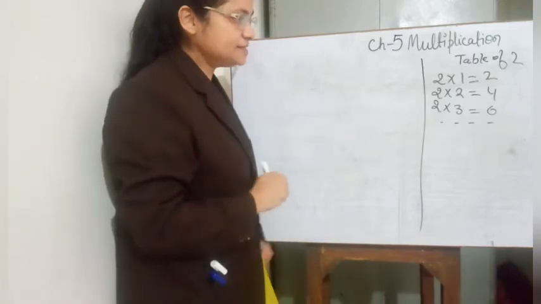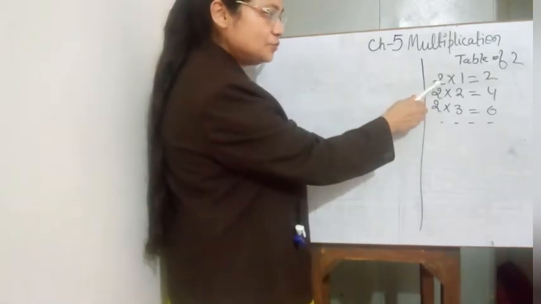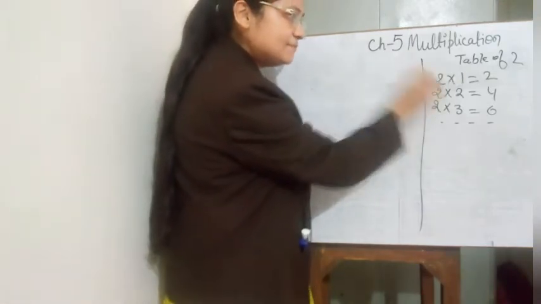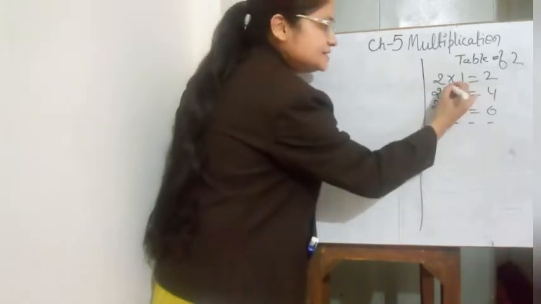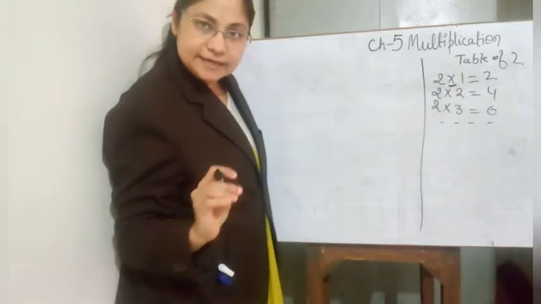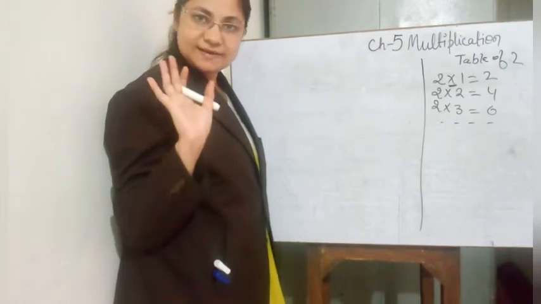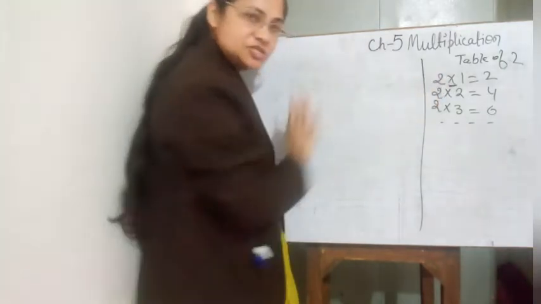So as you can see, 2 multiplied by 1, this cross is indicating the multiplication sign.